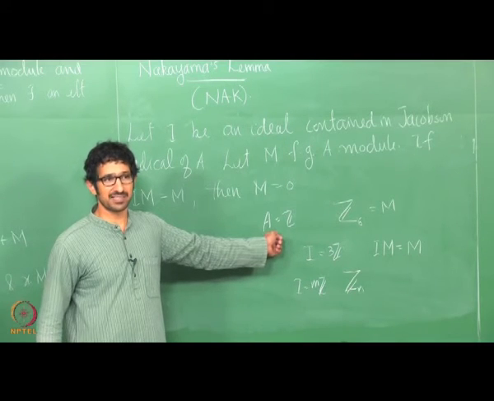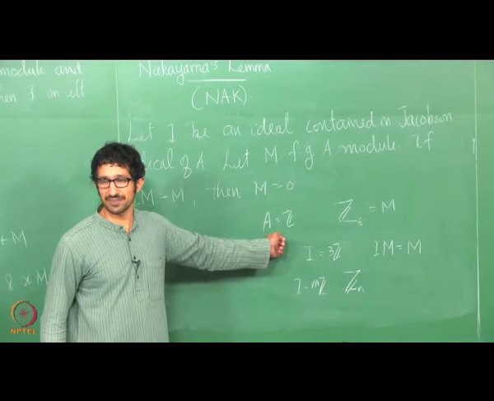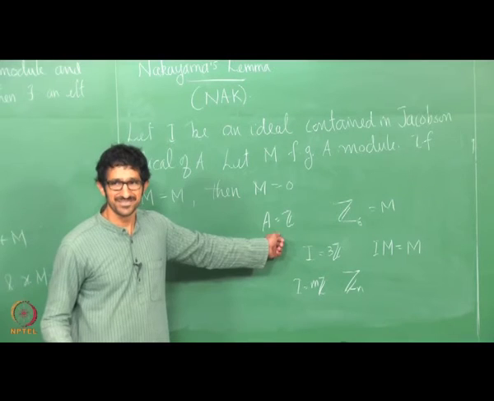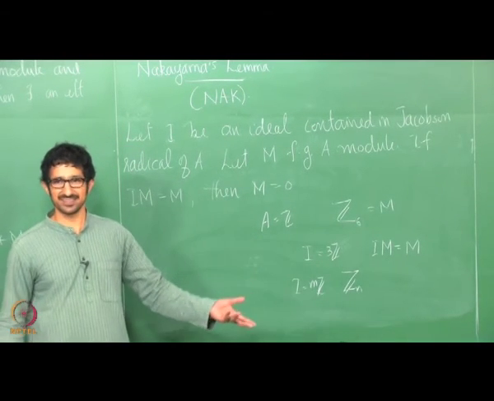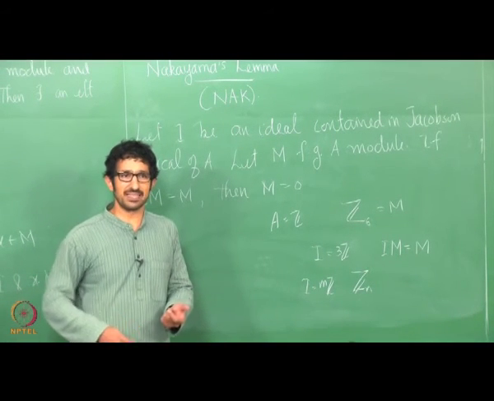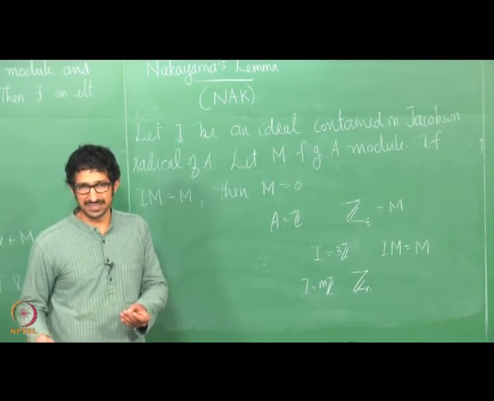Intersection of all maximal ideals. What is the Jacobson radical of A? 0, right? There cannot be any nZ there. If you take any nZ, you can always find a maximal ideal which skips it.